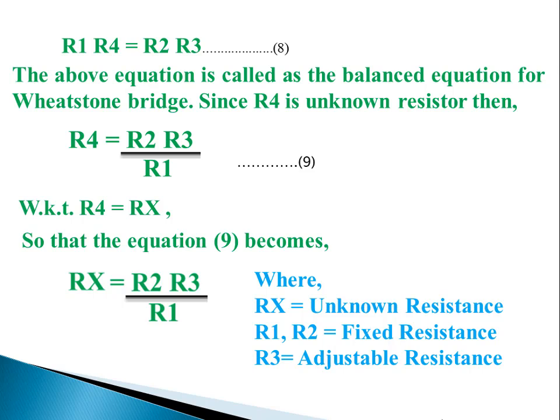Now, to solve any problem related to Wheatstone bridge, this equation is very important, that is, Rx is equal to R2 into R3 divided by R1. And the balanced equation for Wheatstone bridge is R1 into R4 is equal to R2 into R3. So these two equations are very important to solve any problem related to Wheatstone bridge.